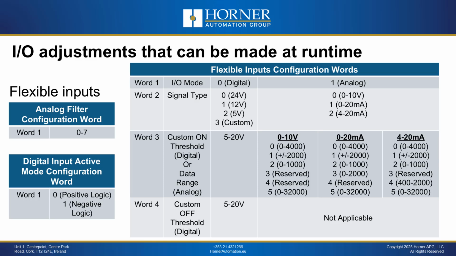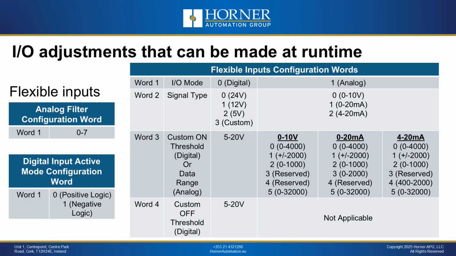And then for all channels that are being used as digital, you have got a single word to configure between positive logic and negative logic. Now 95% of the time, or maybe even more than that, you're going to be using positive logic. But if you do use negative, it is available, but you do not have the option of the custom threshold anymore. So that is what you can do on the flexible input side.